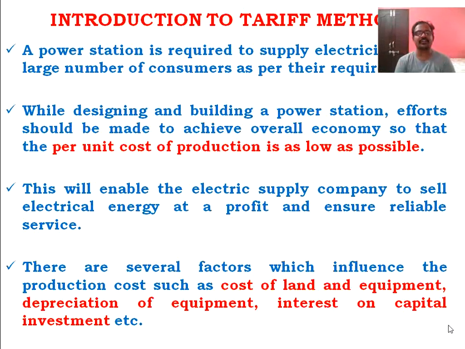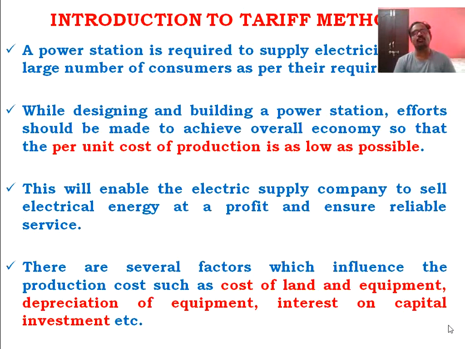If the cost is less, consumers will be highly motivated to use more energy. The cost of production of electricity depends on many factors, like the cost of the land on which the power plant is built, the cost of the building, the cost of the equipments inside a power plant, and salaries of management, clerical staff, operating staff, and top officials.